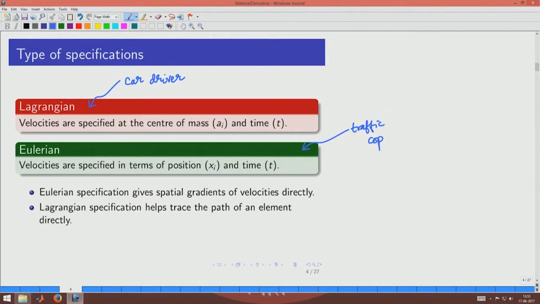So, if you have any parameter, velocity, acceleration, or for that matter any parameter that is being specified at the center of the mass, then you are using what is called the Lagrangian specification, and if you specify at a spatial location, then that means that you are using Eulerian specification.